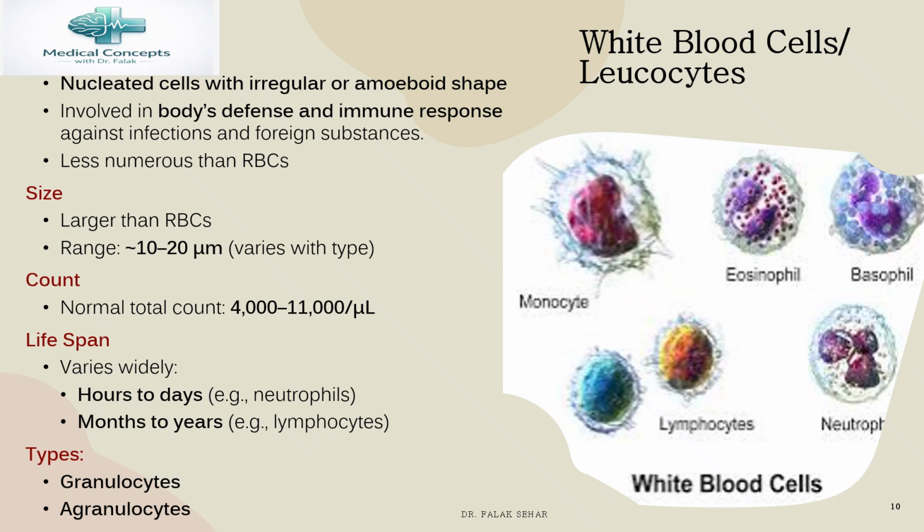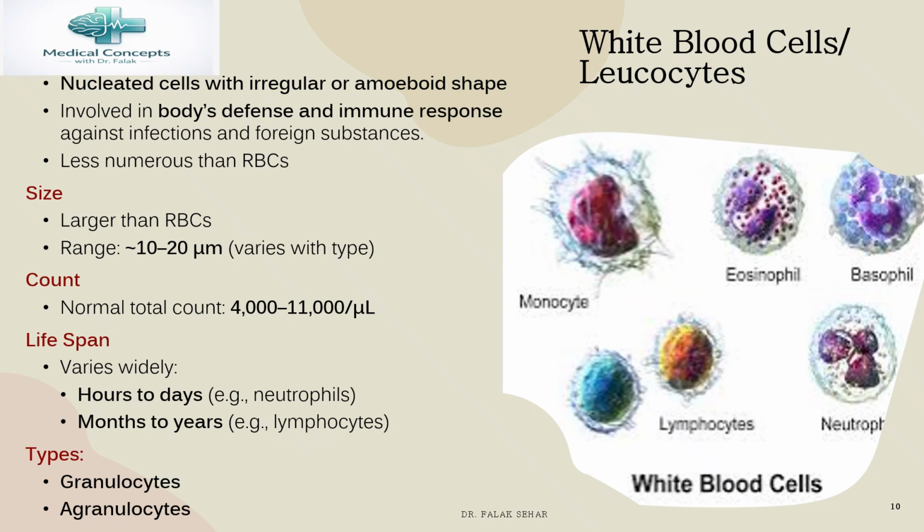The total count is approximately 4,000 to 11,000 per microliter and the total lifespan varies depending upon their action. It could be hours to days for neutrophils and it could be months to years for lymphocytes. There are two types of white blood cells: granulocytes that contain granules in their cytoplasm and agranulocytes, meaning those white blood cells that do not have any type of granules in their cytoplasm.